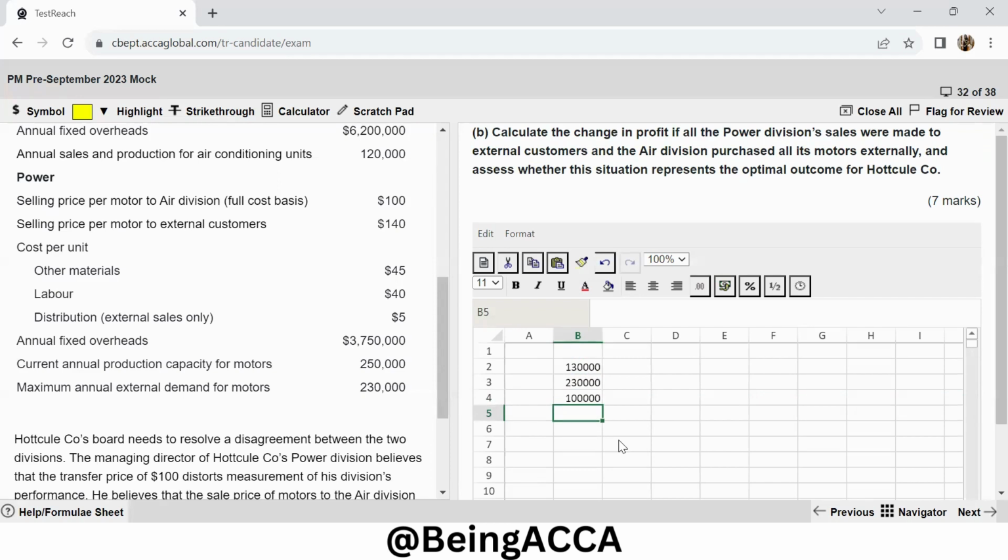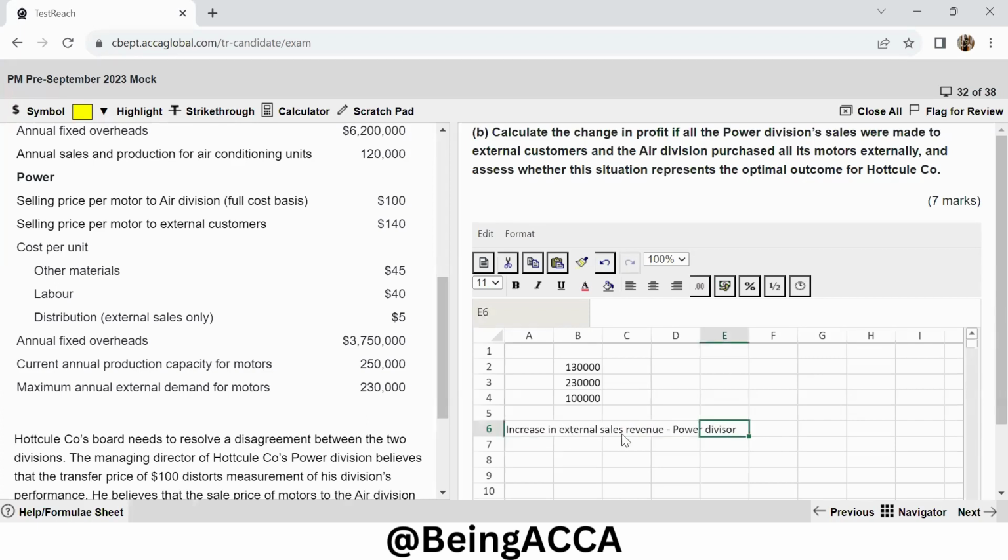However, the power division's total sales would now be 20,000 less than before, because earlier they were operating at their full capacity of 250,000, but now they will only be selling 230,000. So let's work out this calculation. First of all, let's see the increase in external sales revenue for the power division, because they are the ones who are going to be selling the external motors.